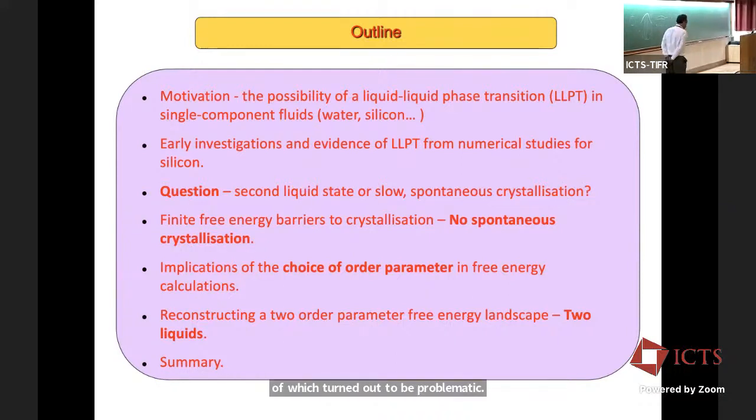In the case of water, they used a method which is fairly well established for accelerating simulations, a hybrid Monte Carlo method, but their thermostating had a problem, and as a result, their results for water turned out to be erroneous. And in the case of silicon, the choice of order parameter used to construct the free energy surfaces has problems, and I'll say a little bit more about it. As a result, their conclusions were not valid.